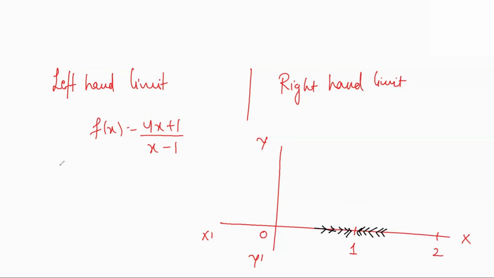All right. So when we are approaching x equal to 1 from the left hand side, I think I can have the values, and so on from the left hand side of x. So if x equal to 0.9, let me check what will be the value of the function at this.